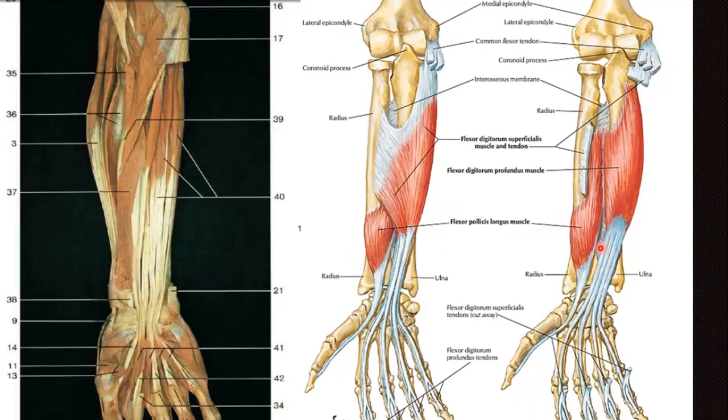You can see the tendon is on the ulnar side, unipennate. Inserted into the distal phalanx. It will flex this joint, the interphalangeal joint here. Then this joint, the metacarpophalangeal, and also this one, the carpometacarpal joint of the thumb.